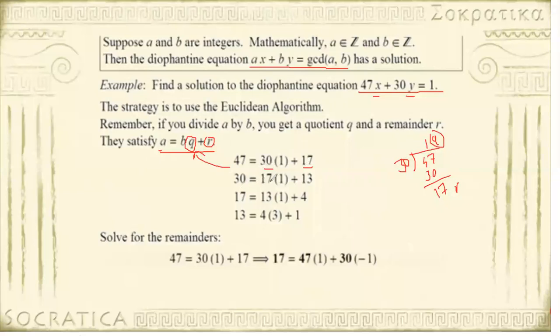So 30 = 17 times 1 + 13. Similarly, you will get 1 as the quotient, and 30 minus 17, that is 13, as the remainder. Now the next step is what? Now this 17 becomes a and this 13 becomes b.